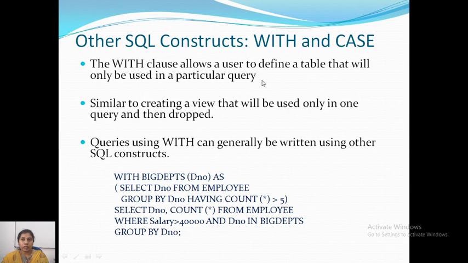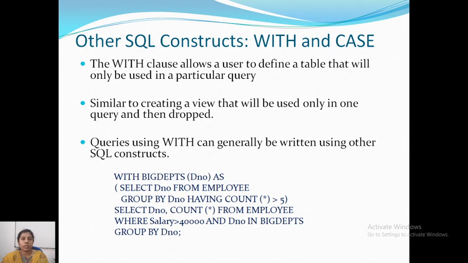Now there are two different constructs used in SQL, that is with and case. The with clause allows the user to define a table that will only be used in a particular query. It's like you're creating a view that will be used only in the query.